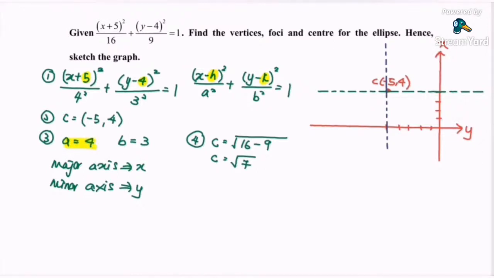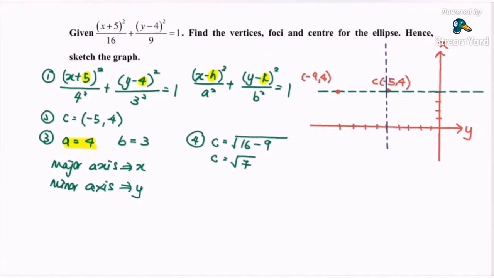So meaning that we have to shift 4 units to the left and also the right, because we are moving in the x-axis. So in here we have -5, shifting 4 units to the left. So we will have -6, -7, -8, and -9. So here will be the vertex for the major axis, -9, 4.